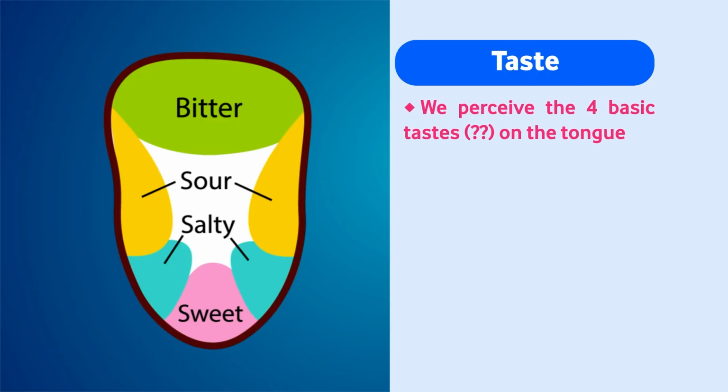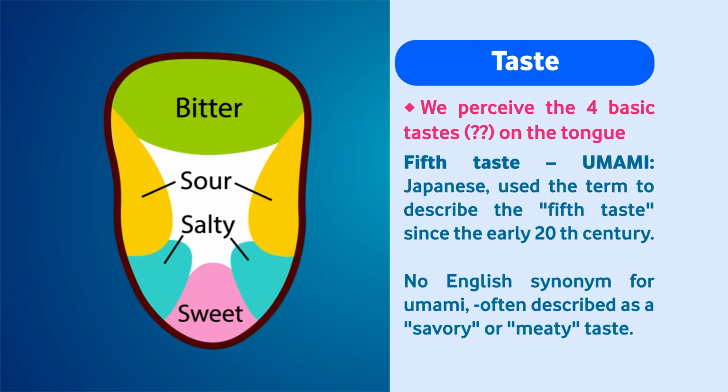But beyond these four tastes, there is one more taste, and that is umami taste. Umami is for foods which are savory or have a meaty kind of taste. There are certain ingredients used for giving this umami taste to the food, like MSG, monosodium glutamate, which you would have heard of.